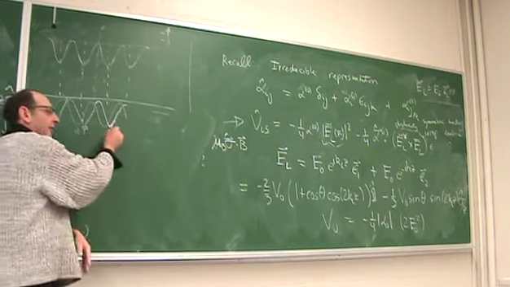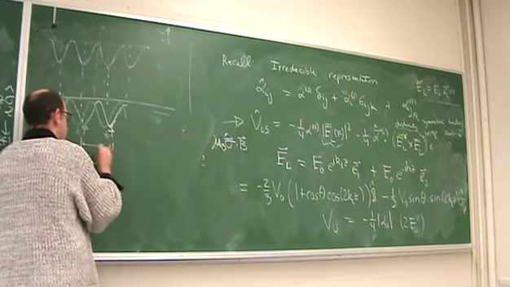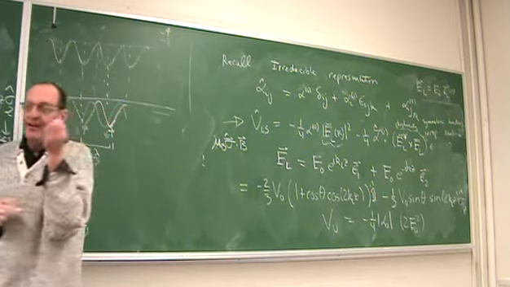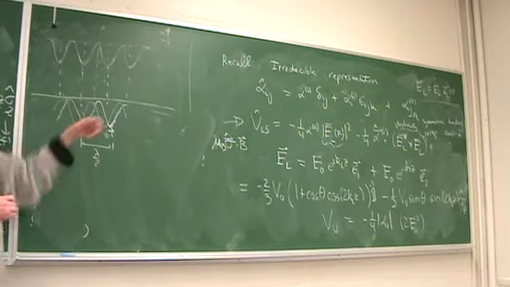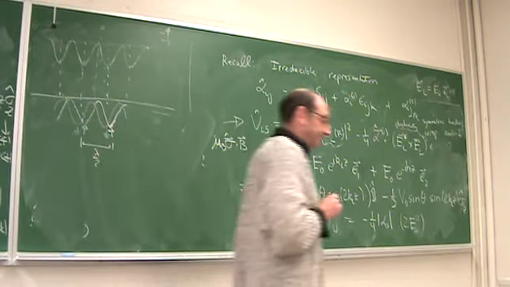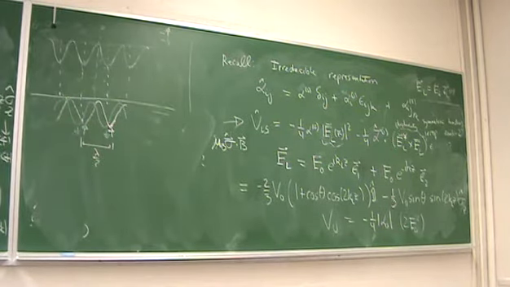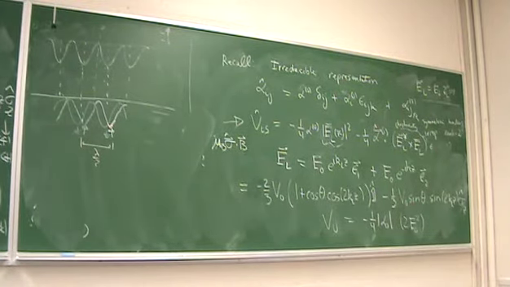So the lattice is still periodic with period lambda over 2. But at each site, there is a deeper structure. That structure is associated with the spin and the internal state. In fact, what would happen if I took this lattice and now I embedded it in a true magnetic field in the x direction?